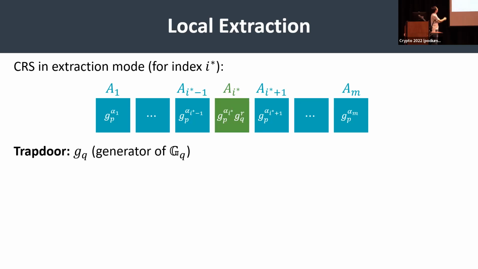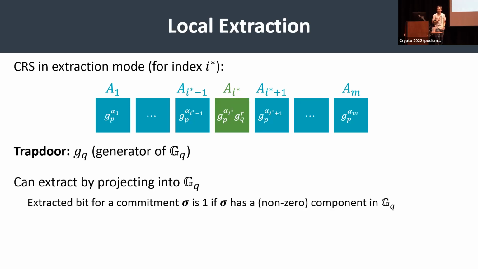Suppose I have a commitment computed with respect to this new CRS, where in position I star, I have now switched from an element of the subgroup to an element of the full group. The way that we can extract is simply by projecting into the order Q subgroup. I'm going to say that a commitment is a commitment to 0 if its projection, or its component in the order Q subgroup, is 0, and is a commitment to 1 if it's non-zero. So using a pairing, I can efficiently perform this procedure.